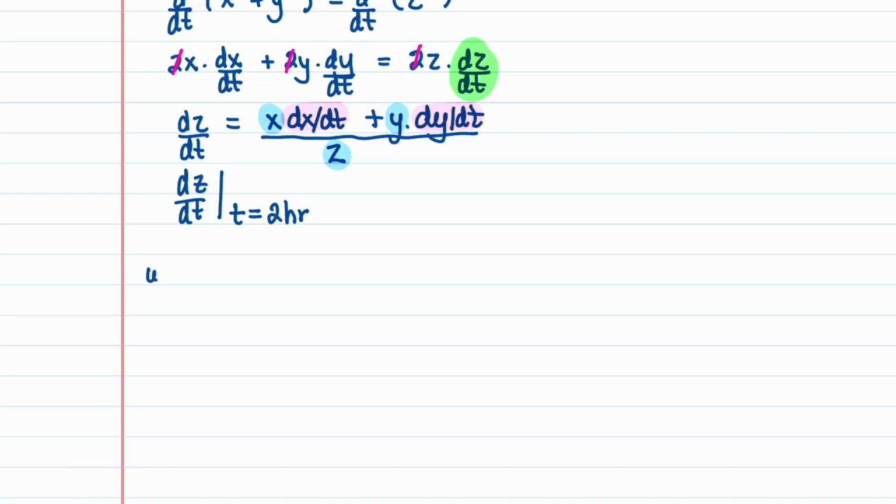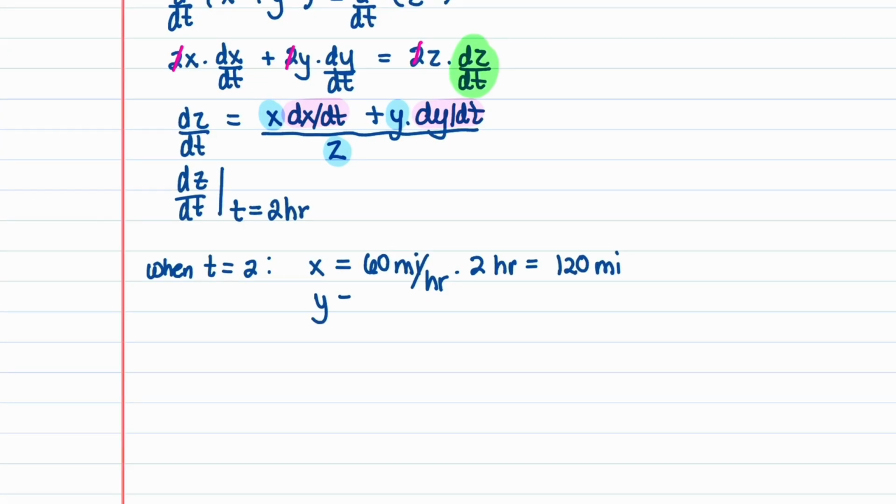So when t is equal to 2, x is going to be 60 miles per hour times 2 hours. So that's going to be 120 miles. y is 45 miles per hour times 2 hours. So that is 90 miles.